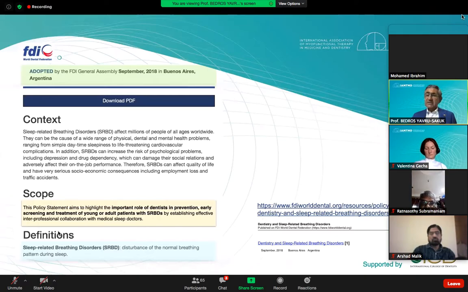The issue of SRBD is so important that I wrote an FDI policy statement about SRBDs and dentistry, which was approved by the General Assembly of the World Dental Federation during the FDI World Dental Congress in Buenos Aires, Argentina in 2018.